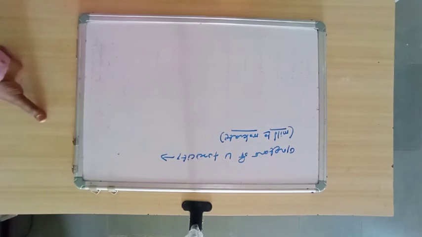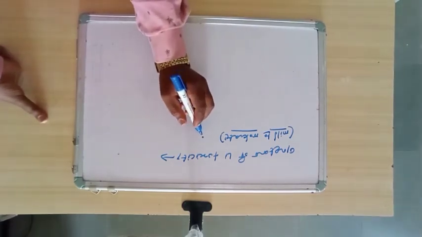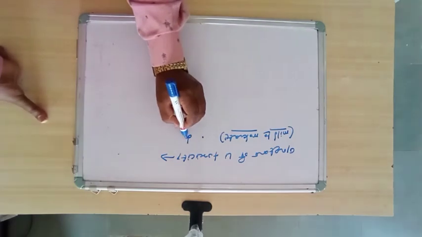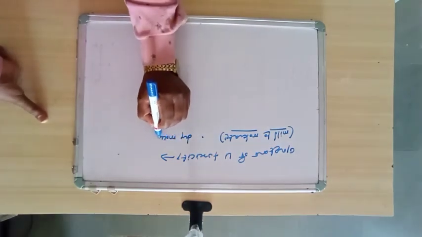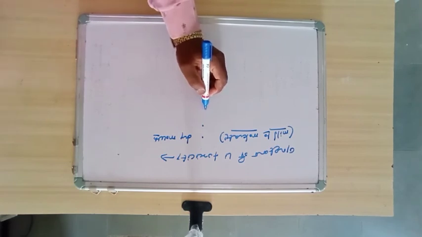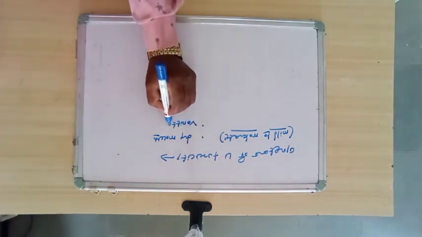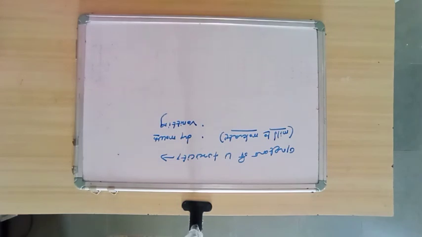The first symptom is dry mouth. Second is vomiting. So for mild to moderate, dry mouth, vomiting.